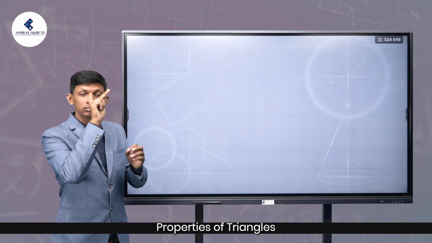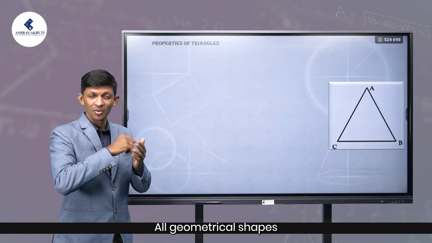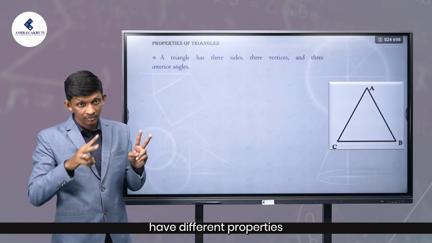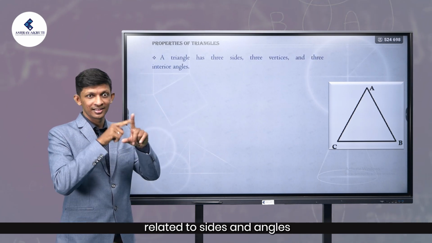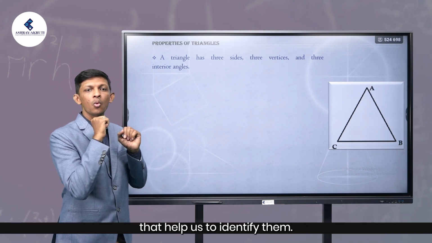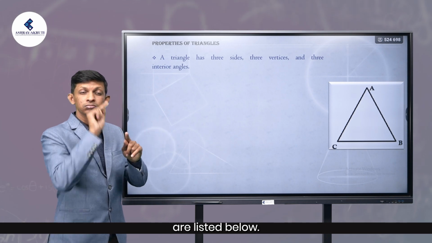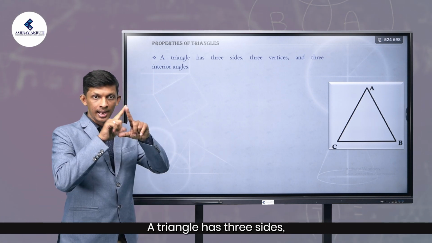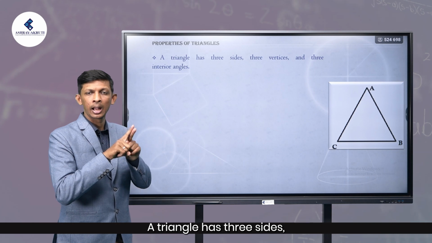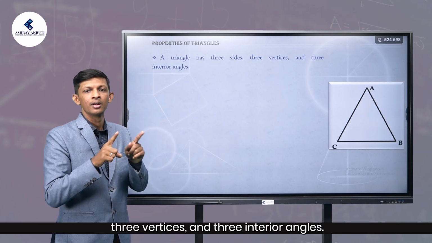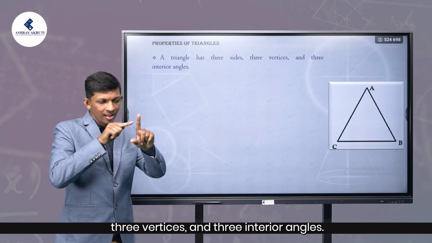Properties of triangles. All geometrical shapes have different properties related to sides and angles that help us to identify them. The important properties of a triangle are listed below. A triangle has three sides, three vertices, and three interior angles.